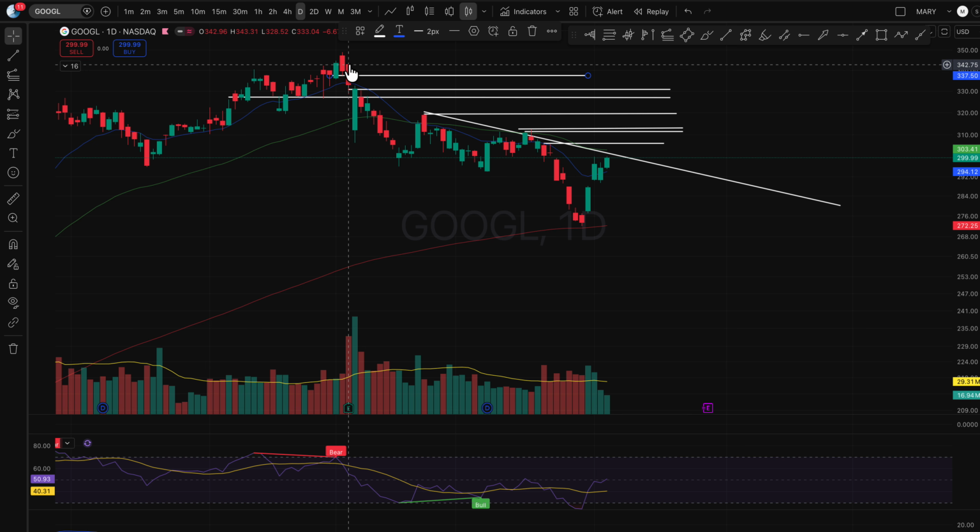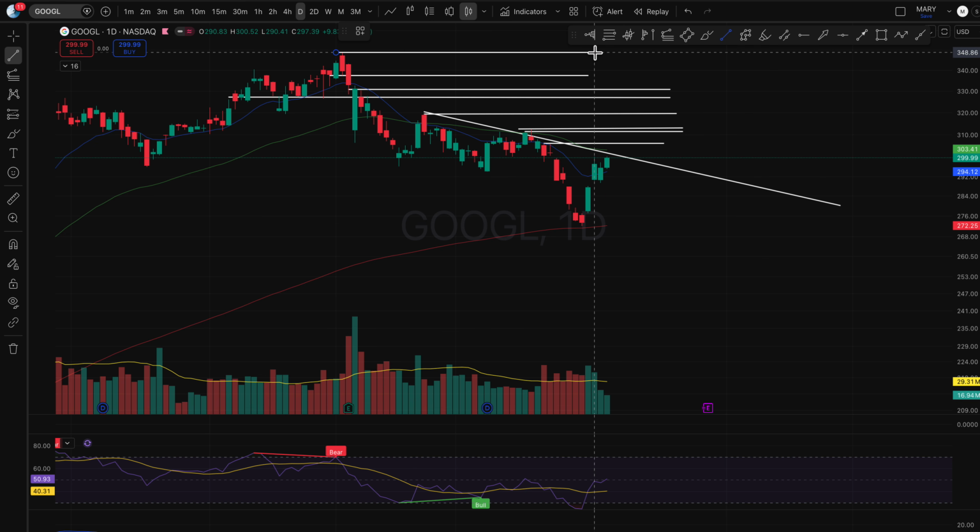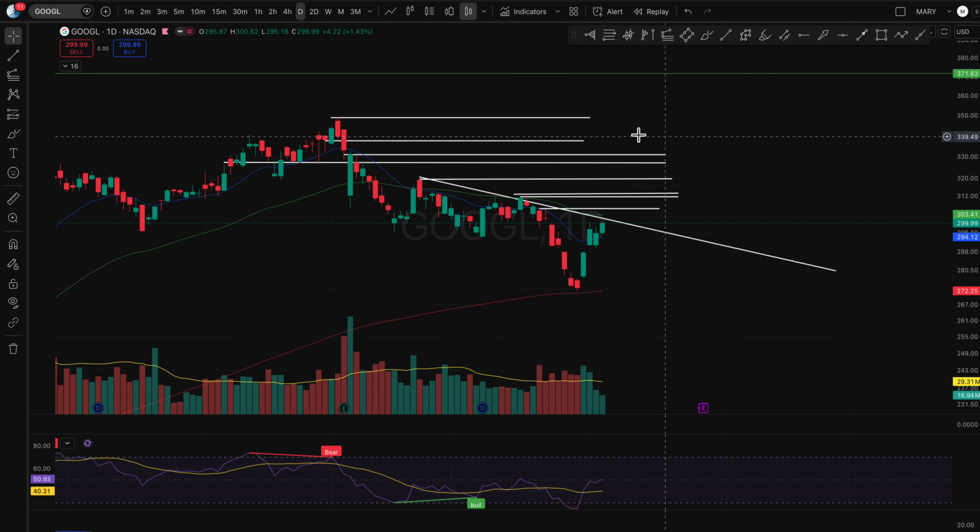Then you have this top body of the candle, which lies about that 342, 343. Then you got 347 to 349. Okay, so this is going to be your top resistance. After that 349, then perhaps we could establish a new higher high and go and retest that 370, 371 level of resistance.